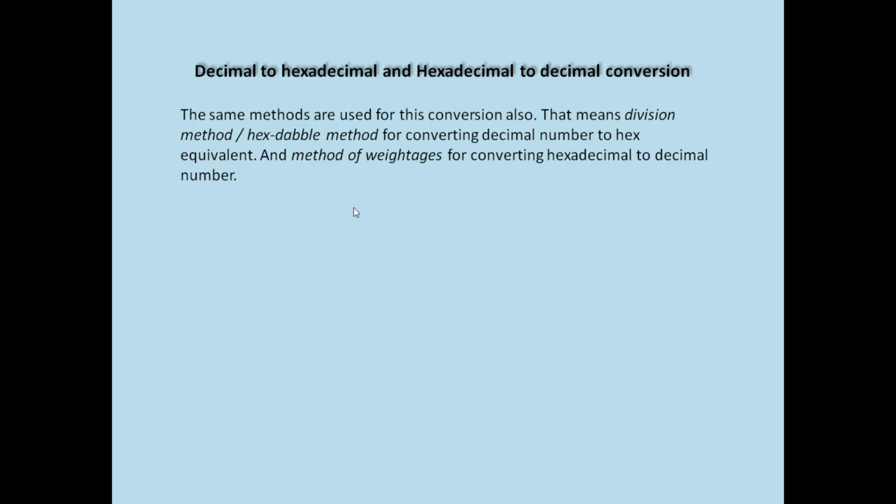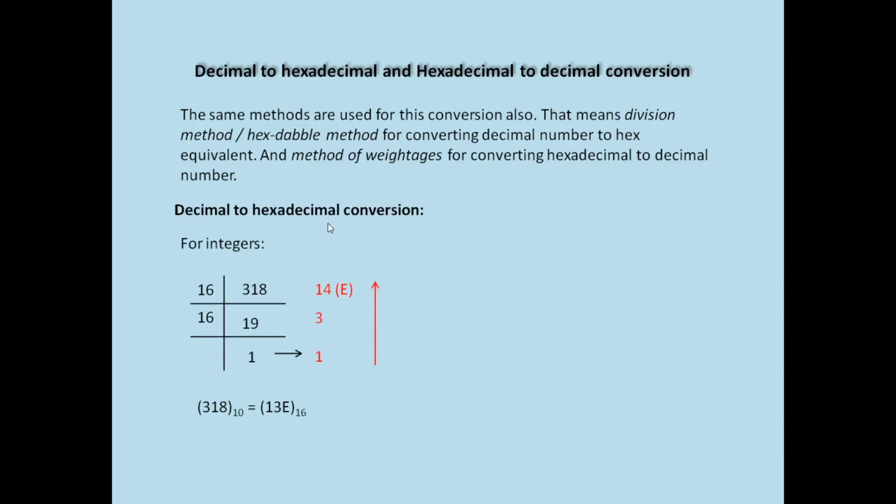So again, if the given decimal number has a fraction, the integer and fractional parts are separated and converted separately to their hexadecimal equivalents. For the integer part, if we consider the decimal number 318, it will be divided by 16.